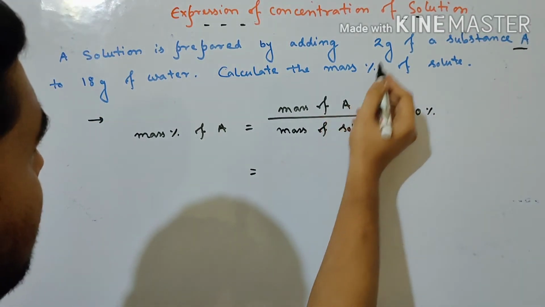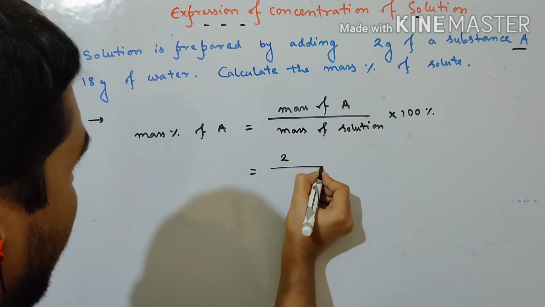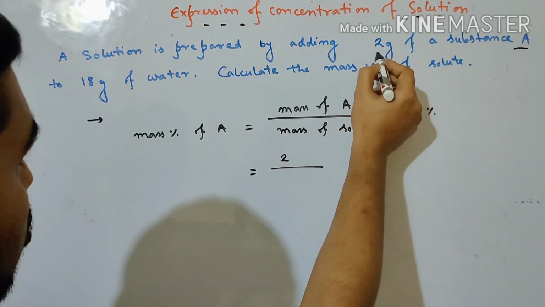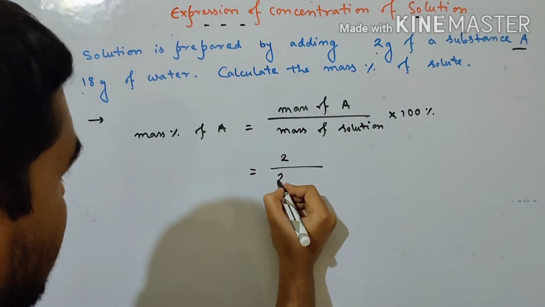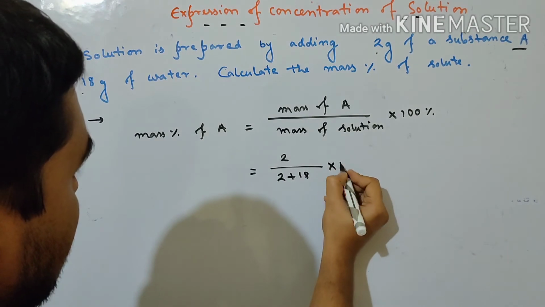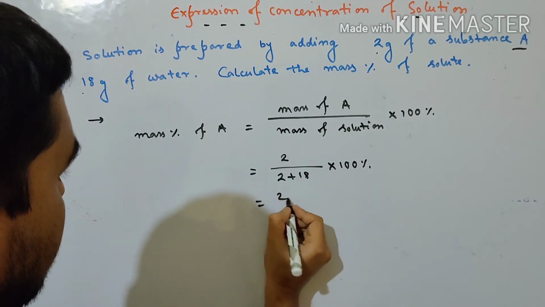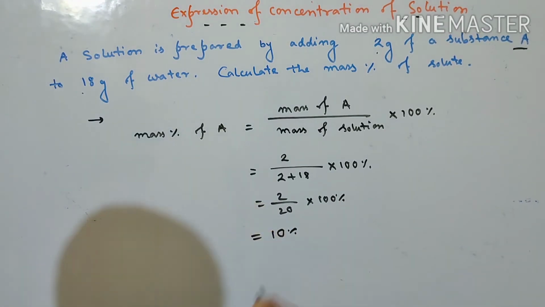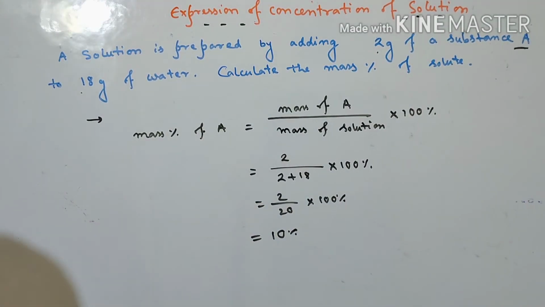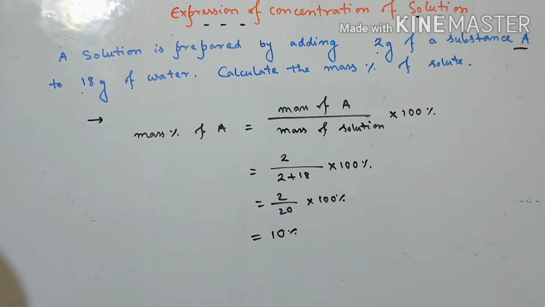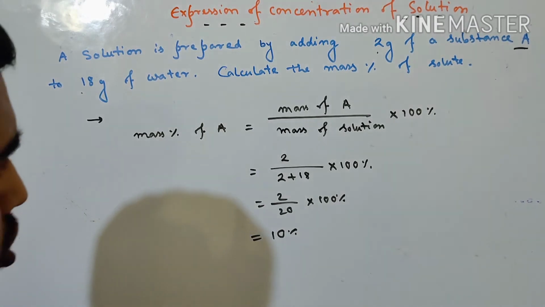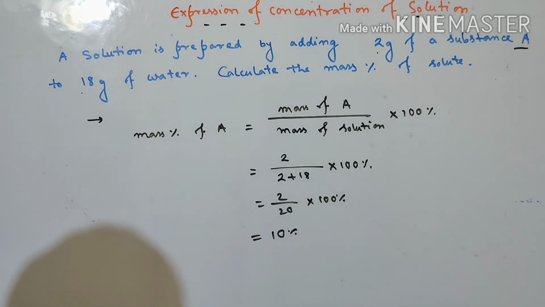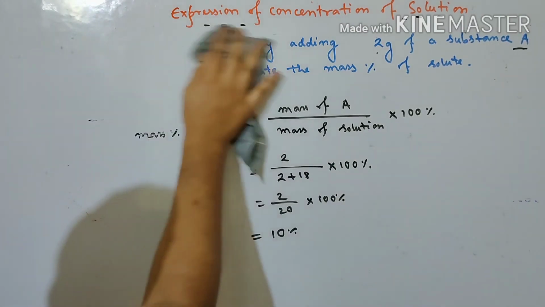So mass of A is how much? Very easy, 2 gram. And mass of the solution, 2 gram is dissolved in 18 gram, so it should be 2 plus 18 into 100%. So it becomes 2 by 20 into 100%. So it is how much? 10%. Very simple case. Next, we are going to calculate molarity. Very simple problem initially I am choosing. Slowly we are going to go for the difficult ones, or I would say comparatively difficult ones.